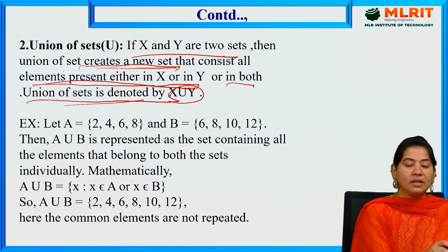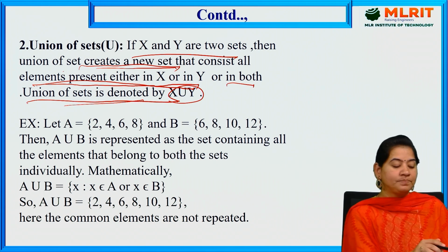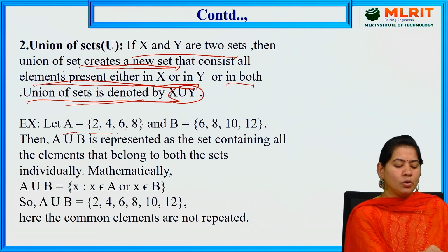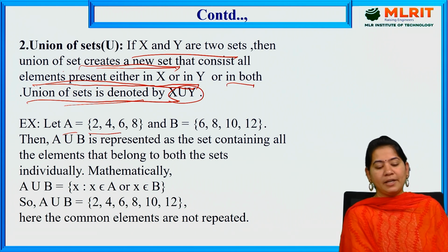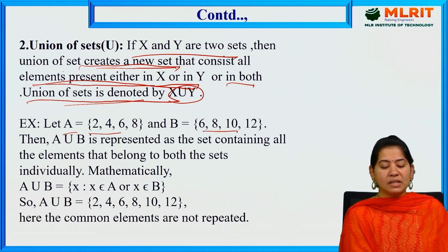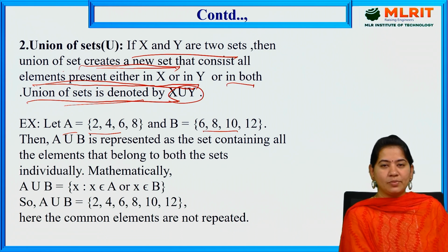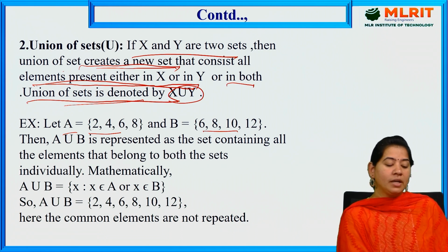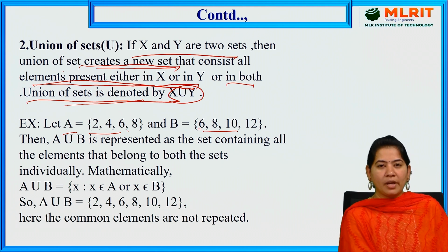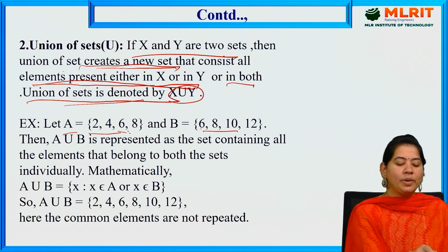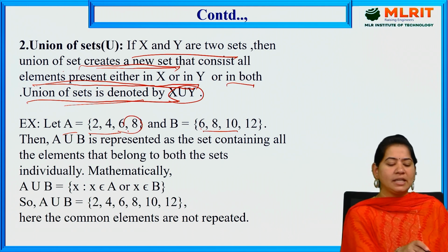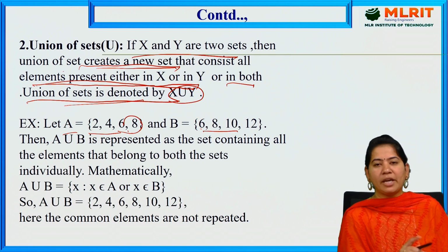So let us consider one example also. Set A is equal to 2, 4, 6, 8, and B is equal to 6, 8, 10, 12. Now these are the elements of the respective sets. Here you have to combine these two, and if any duplicate elements are there, meaning if any element exists in both set A and set B, you need to write it only once.